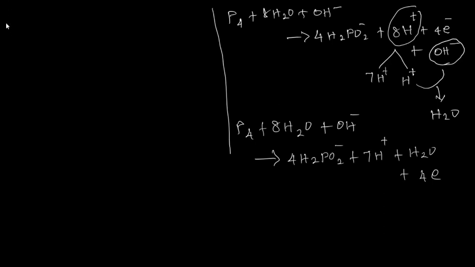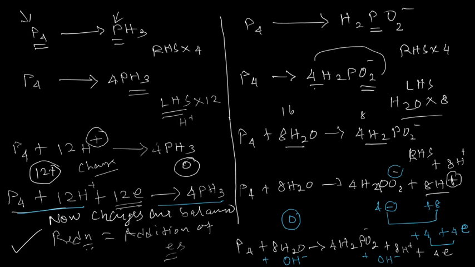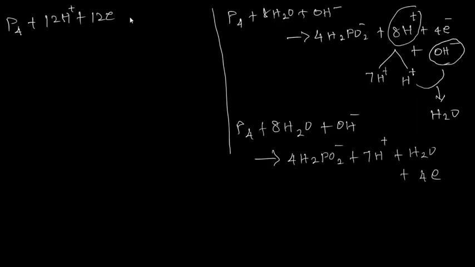So now in the reduction reaction we have 12 electrons. So we have to balance the electrons. So now let's rewrite the reduction reaction here. P4 plus 12H plus plus 12 electrons gives 4PH3.